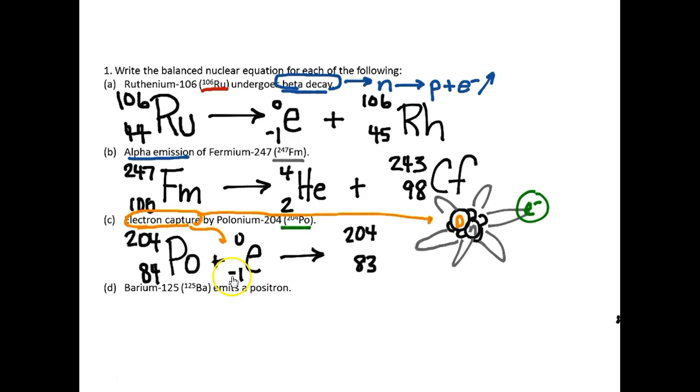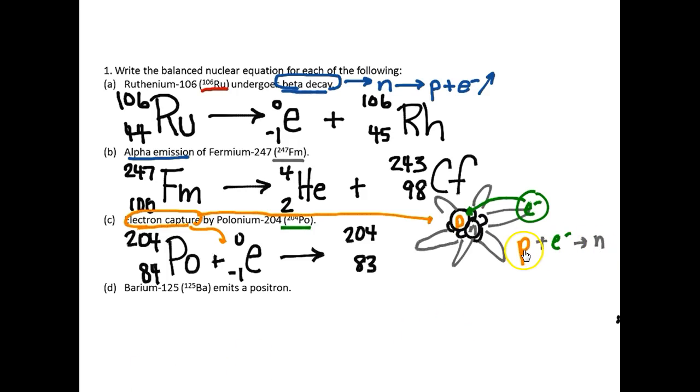Another way to do this is to say, okay, electron capture is when one of these inner core electrons is captured by the nucleus. And if a neutron is a proton and an electron, that means that when the nucleus captures an electron, it must combine with a proton to make a neutron, right? So that's going to combine with the proton, and we're going to make a new neutron.